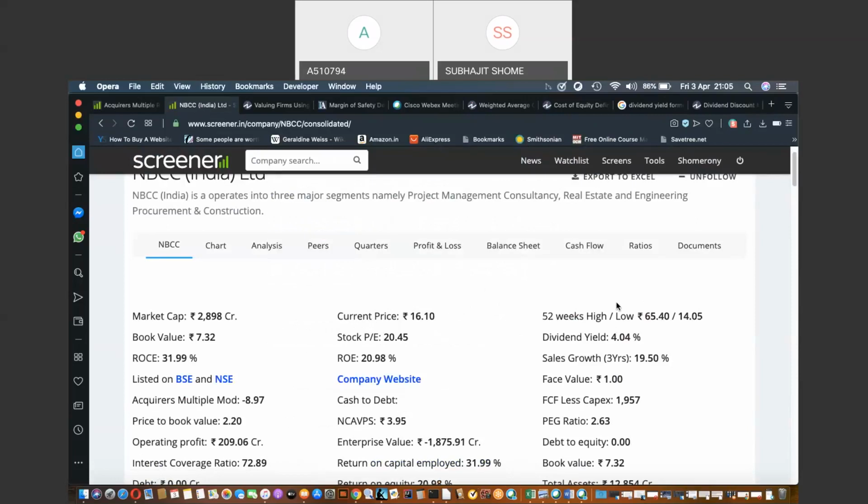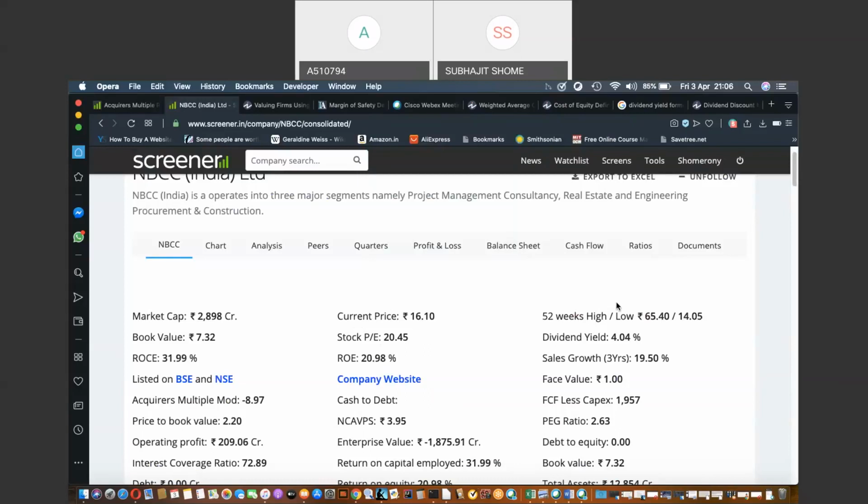So what is the scenario? The current price should be half of the intrinsic value, not the current price. Half of the intrinsic value which we calculated after all the difficulty.